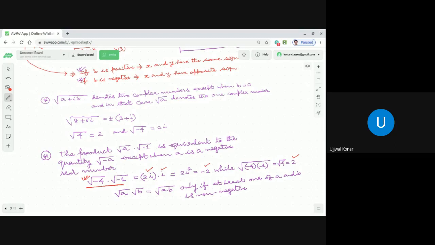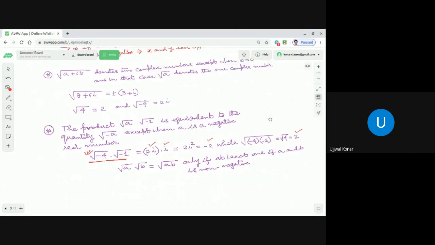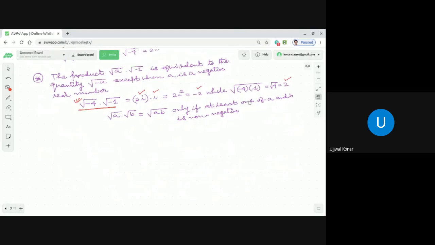So now what we can do is solve one problem together. I'll take another 5 to 10 minutes, dear students, so that if we solve one problem, it will be good, so that we know how to find the square root of a complex number.